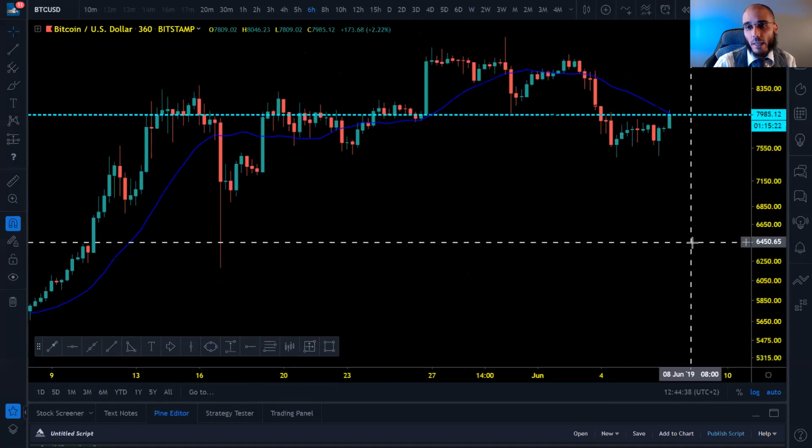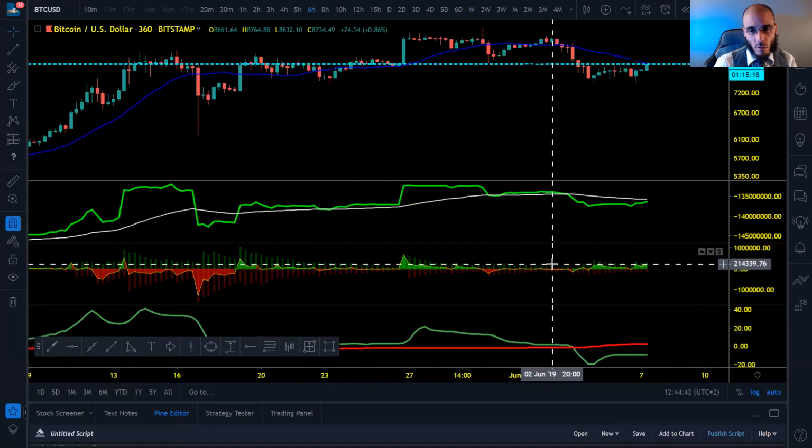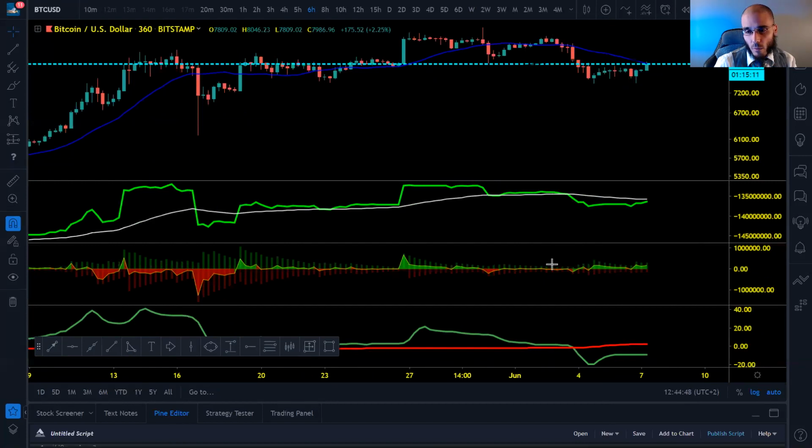I'll still give it negative because I think we are slightly beyond it. So 6 hour chart, elastic volume weighted is negative. On balance volume is positive, and the last one is negative.